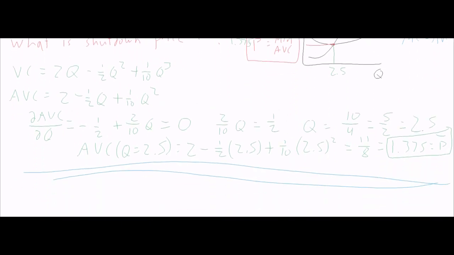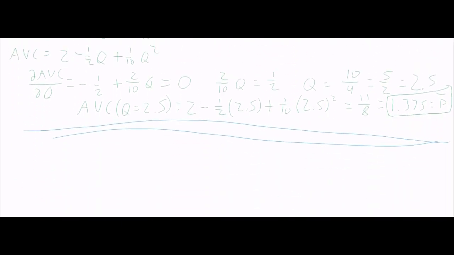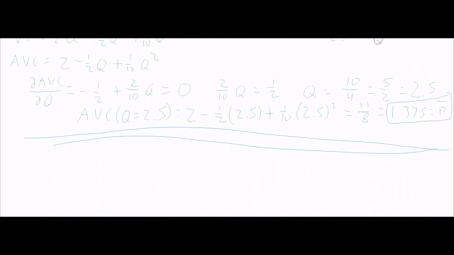So as long as your professor can give you your marginal cost function, you can get by without doing any actual calculus. 2 minus Q plus 3/10 Q squared.